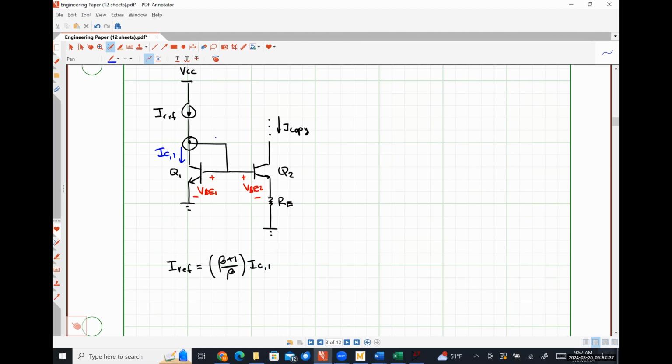Now I'm questioning my notes. The reason why I'm questioning my notes is because I definitely have this guy right here, an IB1, but I should also have this contribution right here, an IB2. And I don't know why I did not include that in my notes. So now I'm mildly scared.